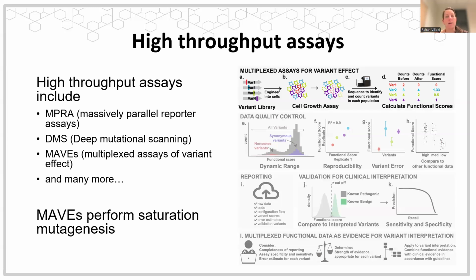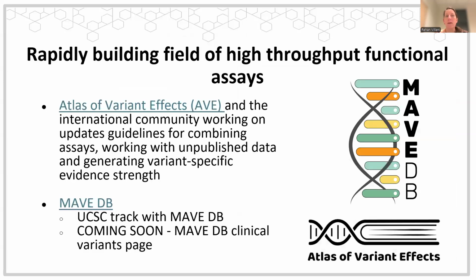So there's a lot of value in evaluating and applying functional evidence based on the evidence produced in high throughput assays. It is also a rapidly building field. There are more and more high throughput functional assays. You can see this by the increasing number of assay score sets in MAVE-DB, the database of MAVE assays.